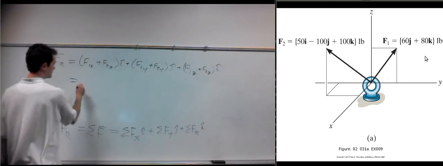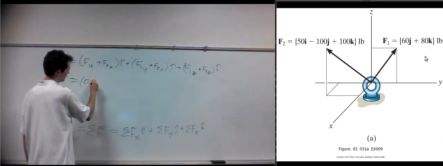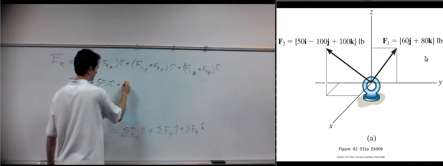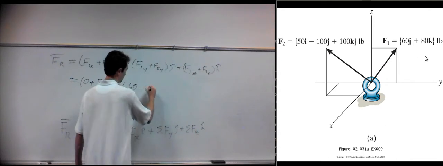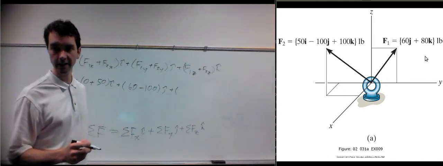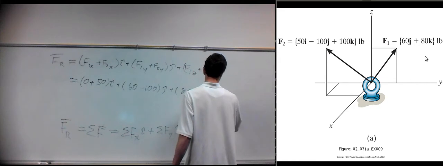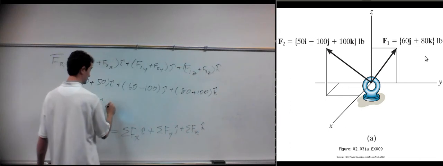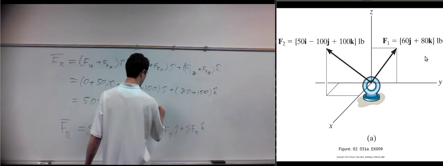And numerically that ends up being F1x is 0, so 0 plus 50. And then in the y we have 60 minus 100. And then the z, 80 plus 100. So the final answer is 50i minus 40j plus 180k.